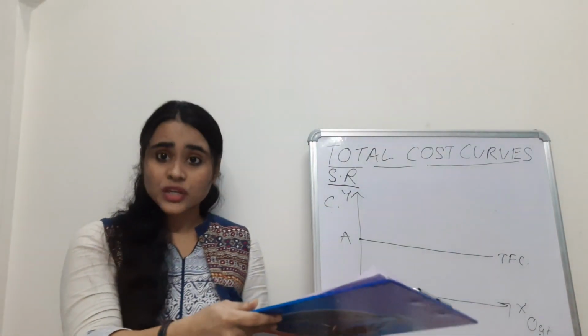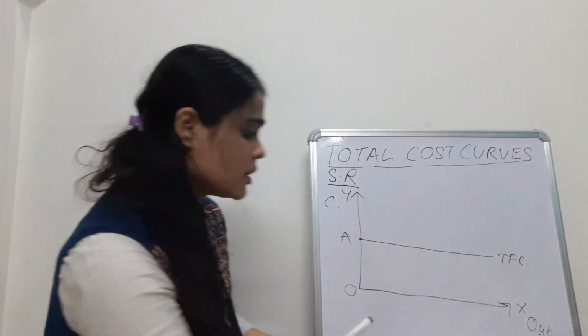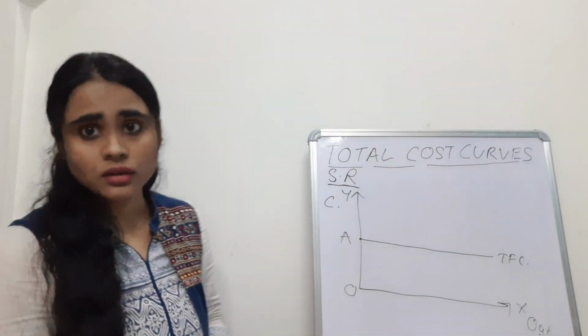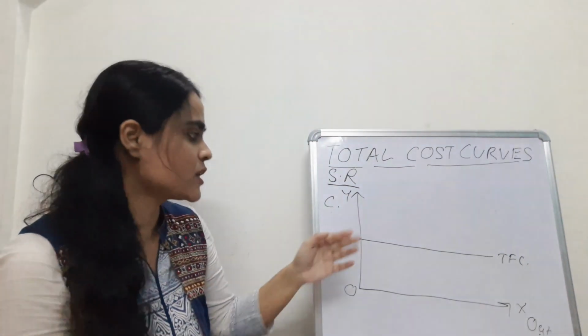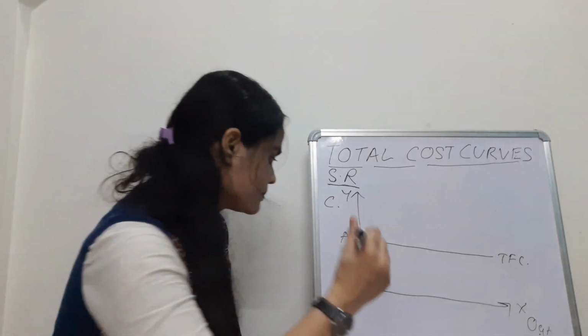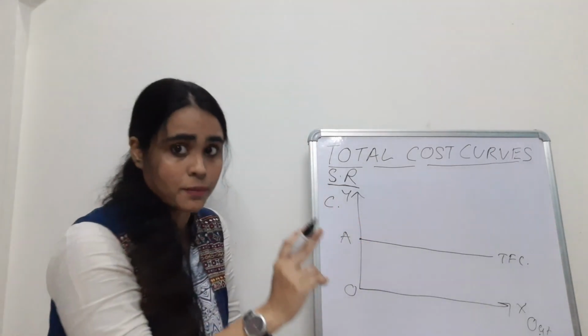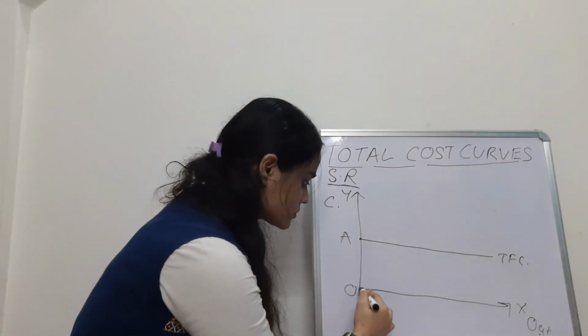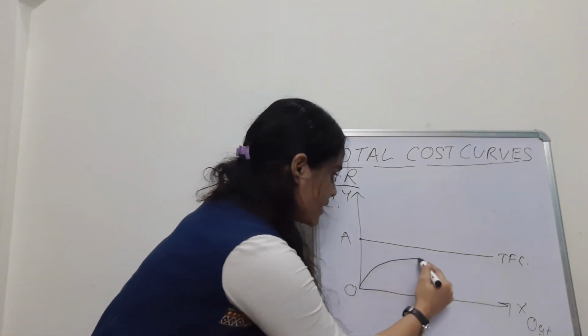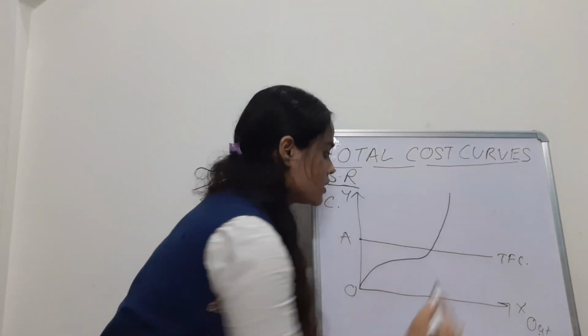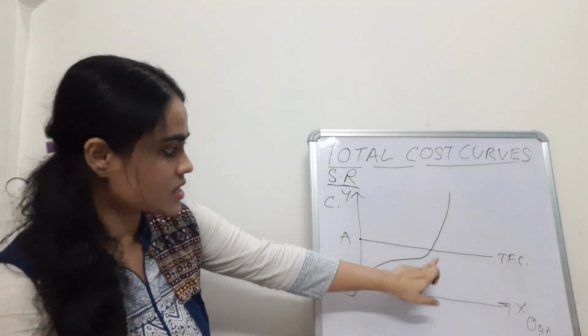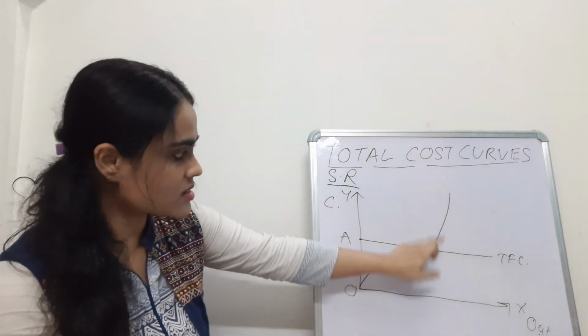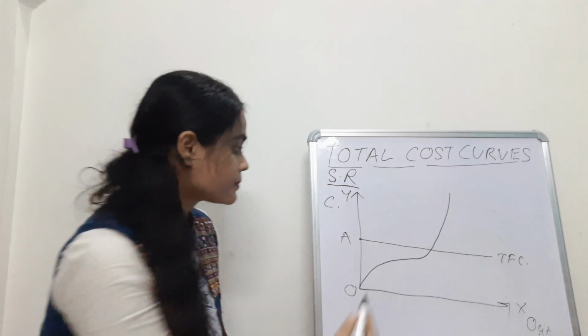So in that case, what will be the shape of the total variable cost curve with respect to total fixed cost? First it will be concave, it will be like this. Okay, so first it is concave downwards, then it is concave upwards.